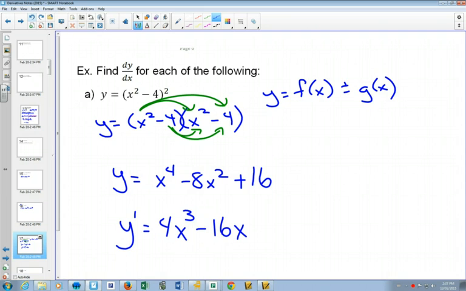And we can find the derivative. So I'd like you to try part B. I'll come around and help you if you get stuck.